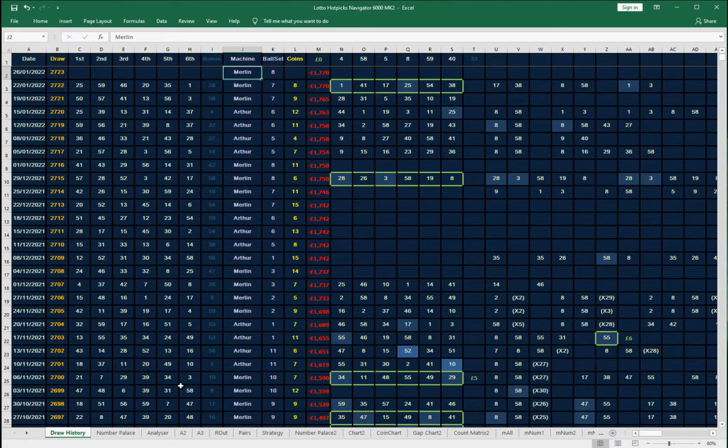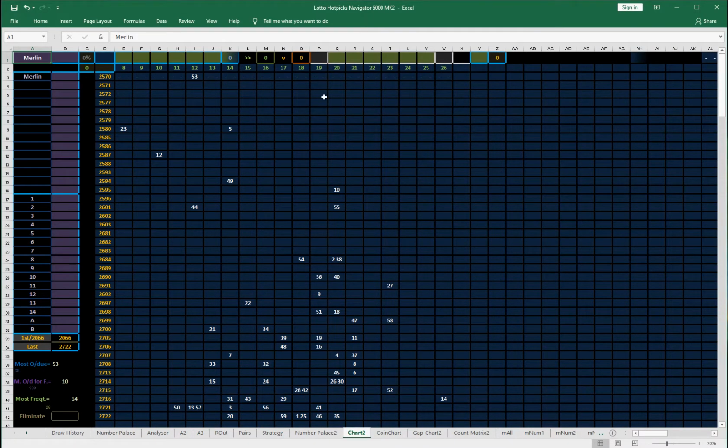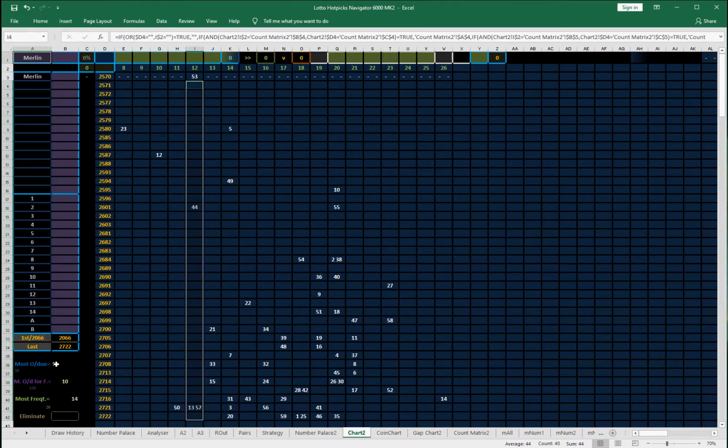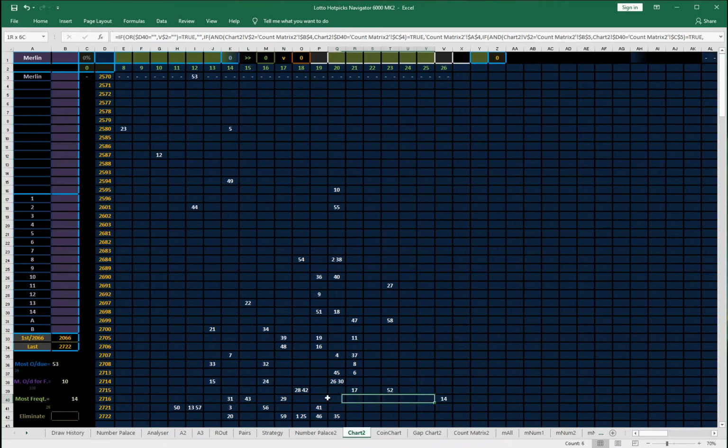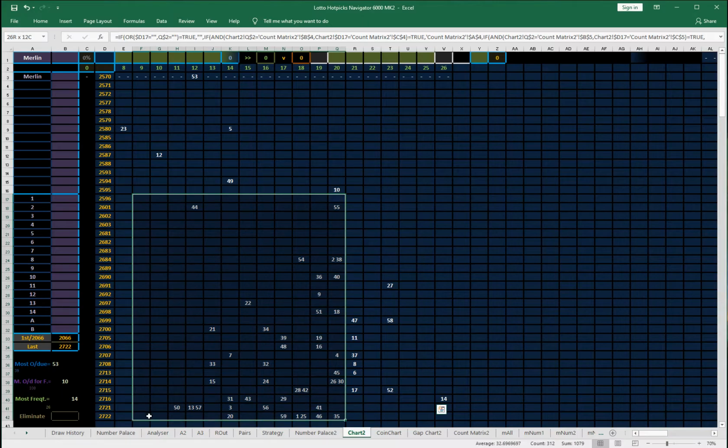I don't know why they do that, they just do. But anyway, if we filter the draw history so that we're just looking at the draws where this machine was used, then it changes the chart. You've still got 53 most overdue, but now 52 is not the most frequent. Instead, the most frequent is now 14 on this chart, and the one that's most overdue for its frequency is 10.